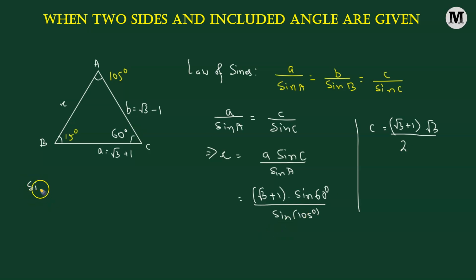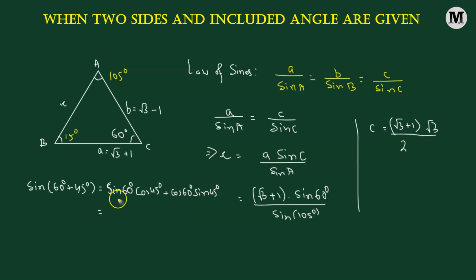Sine 105 degrees can also be expressed as sine of 60 degrees plus 45 degrees. Now expanding sine of 60 plus 45, we have sine of 60 degrees multiplied by cosine of 45 degrees, added to cosine of 60 degrees multiplied by sine of 45 degrees.